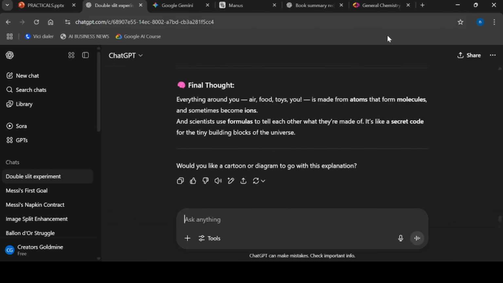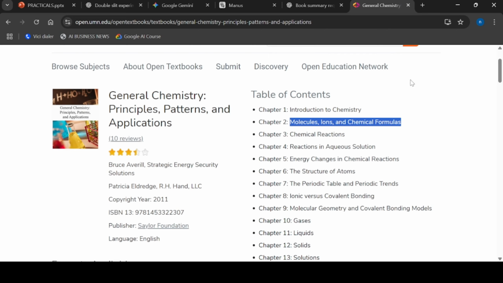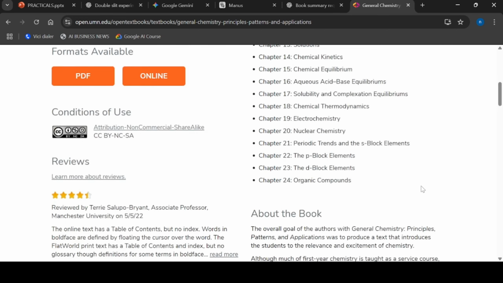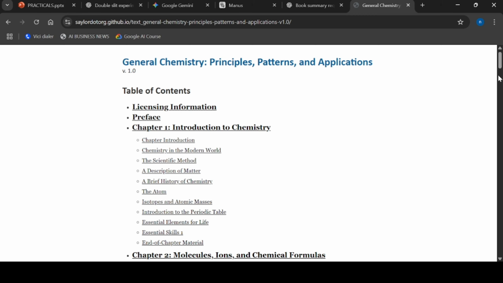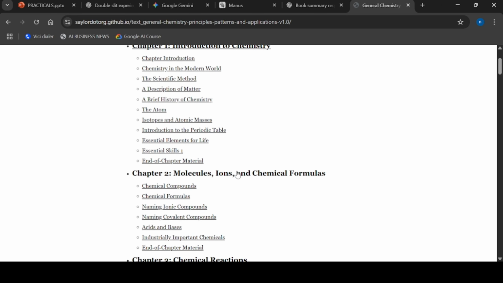Now, you can also go to the book. For example, let's see if we can open this book here. Formats available. Let's see online. All right. Now, let's click here.